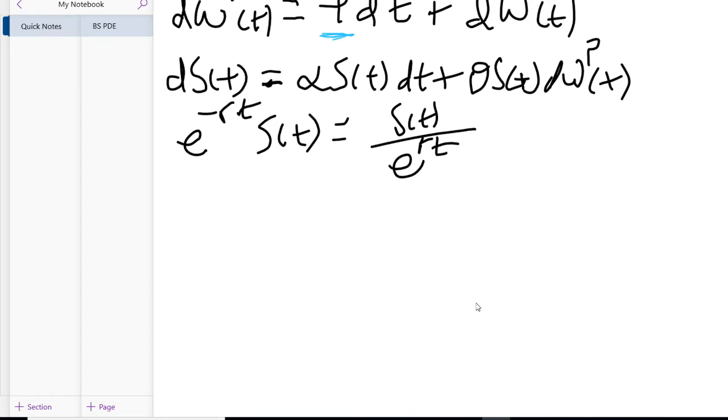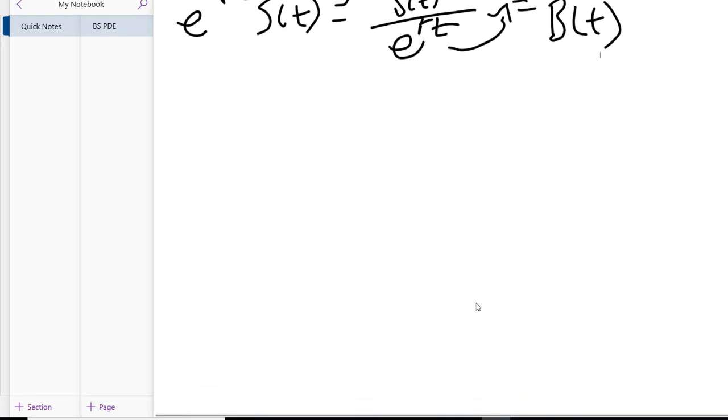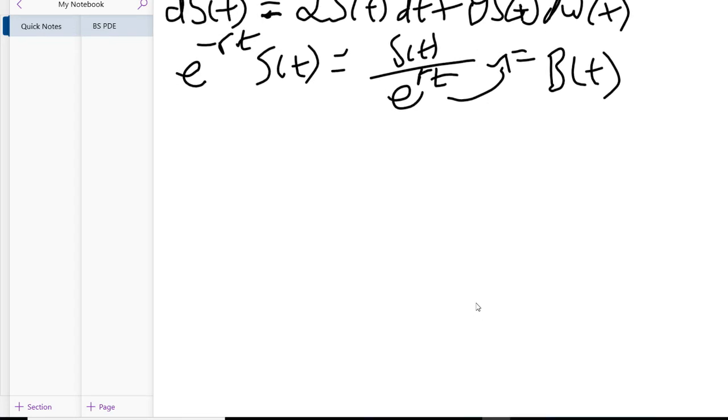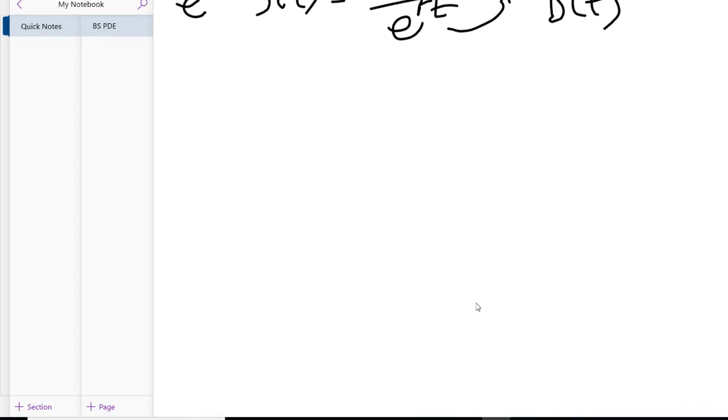And what is e to the rt? Well, we're assuming that this is the bank account or the bond. So the point being that when we say we're going to consider a discounted price process, what we are going to consider is the underlying S_t over B_t, just to make it a simpler form.